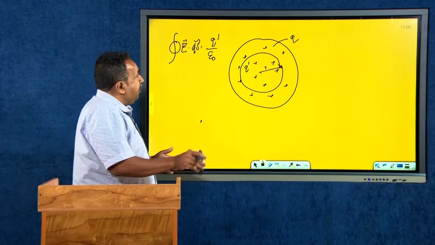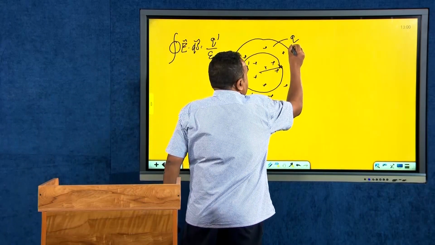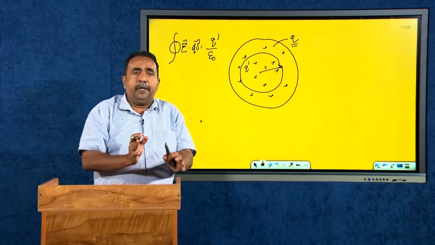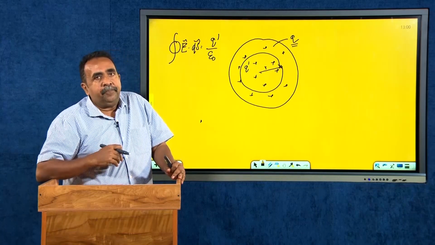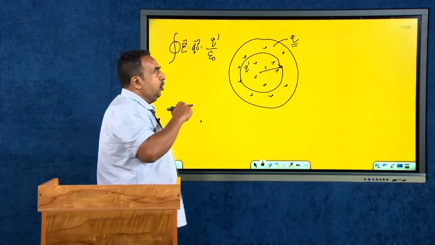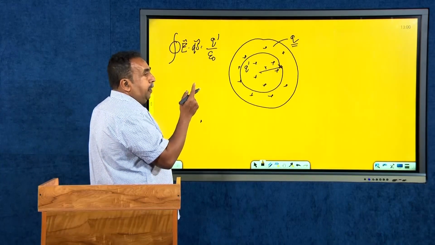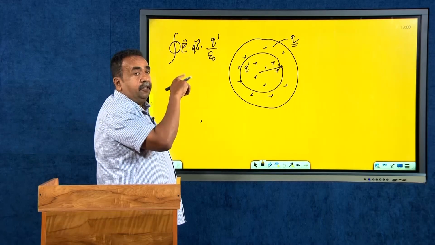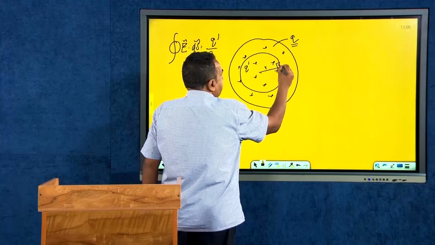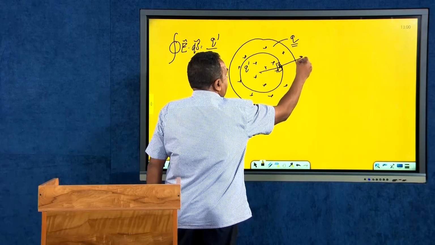What is known to me is Q. Initially, I have deposited some charges inside the sphere. Therefore, that is known to me. I had considered a sphere with so much charge distribution. Therefore, Q is known to me. I have to finally write the electric field in terms of Q only. The same way of representing, you can consider an area like this.